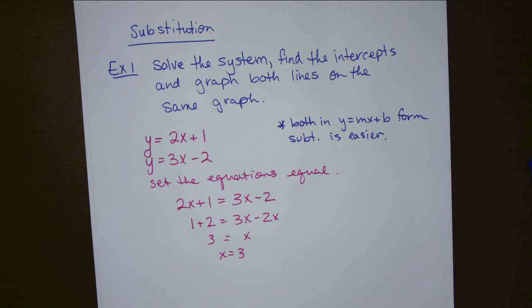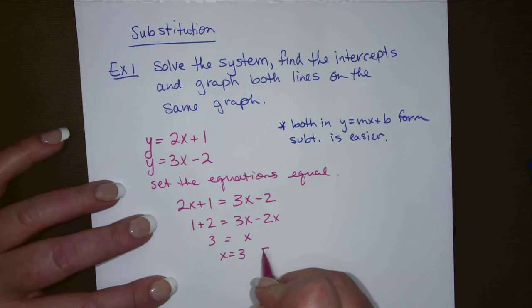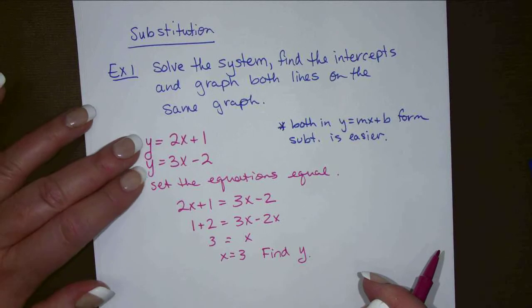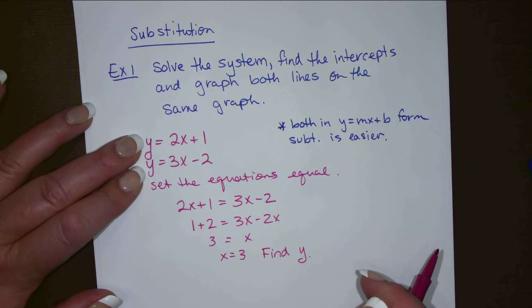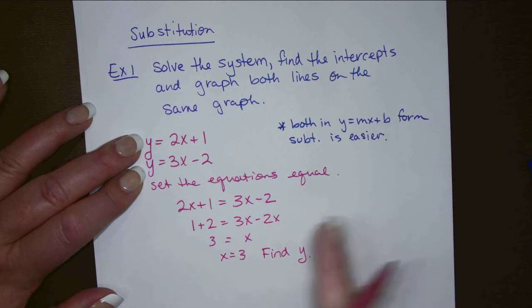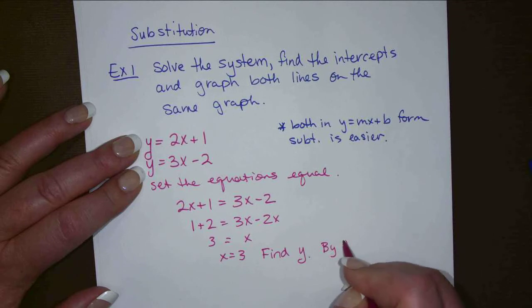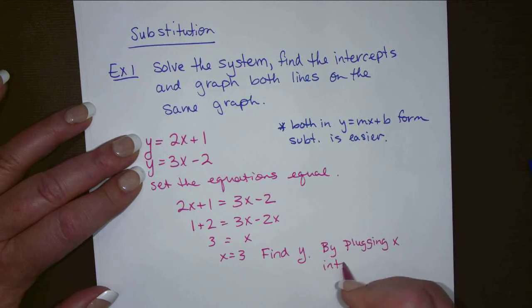What's the y value? Right, find y. So here is y, both of these. Which one can we plug it into? Either. It doesn't matter, you'll get the same one because we made them equal. So find y by plugging x into either equation.